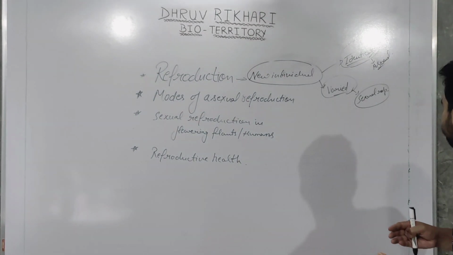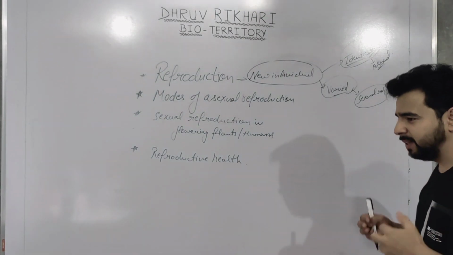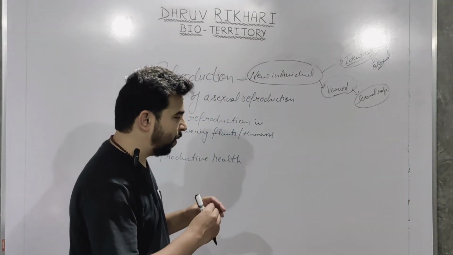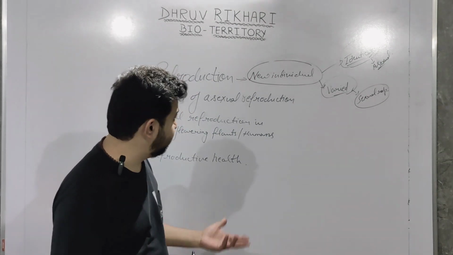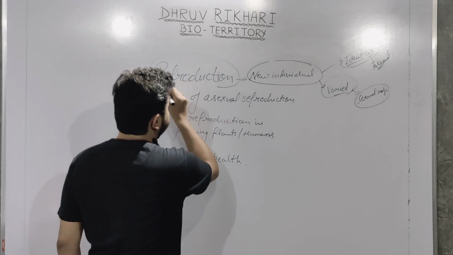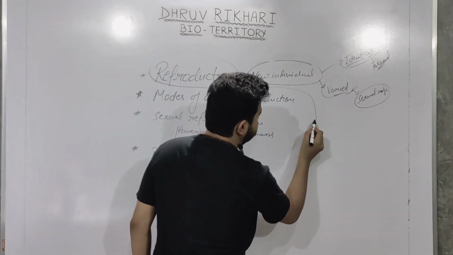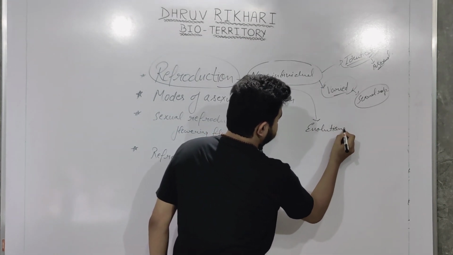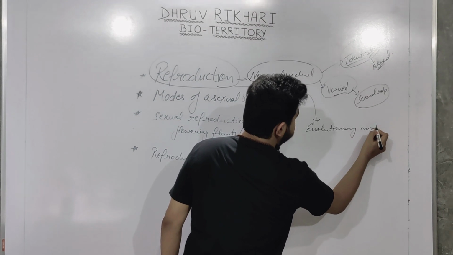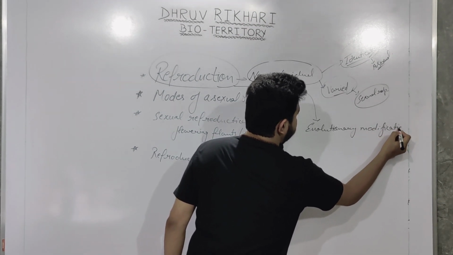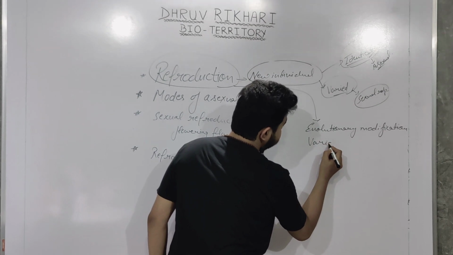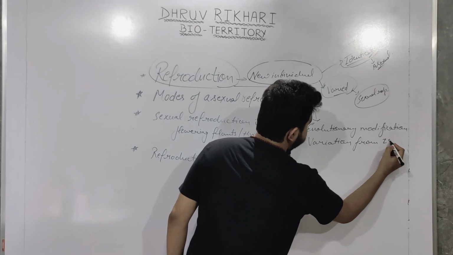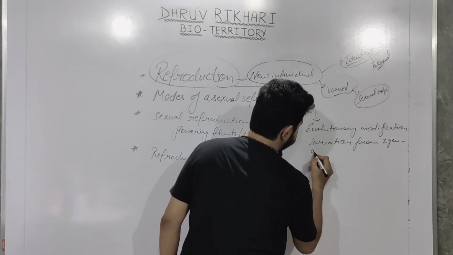These variations come from generation to generation, so reproduction, with the formation of new individuals, also deals with evolutionary modifications, the variations from one generation to another.